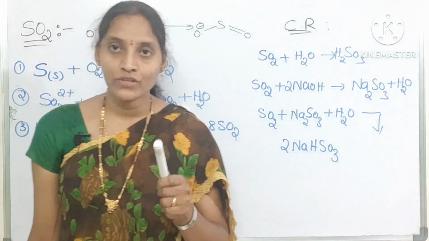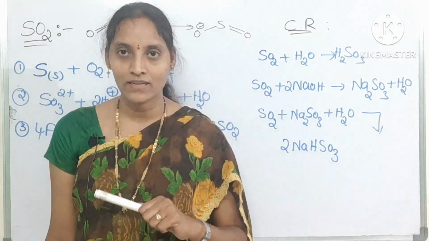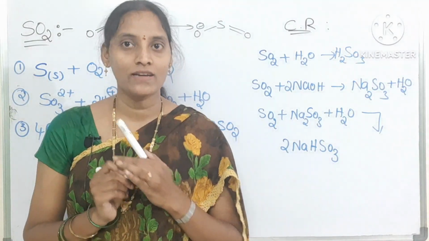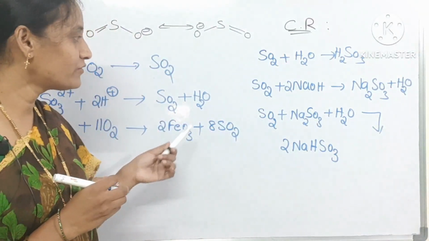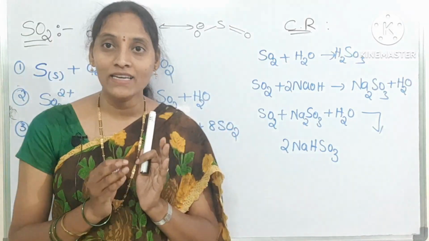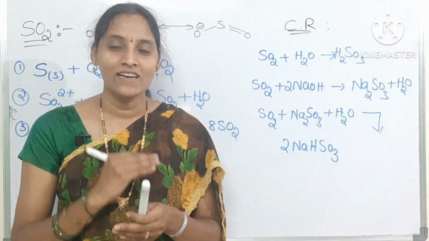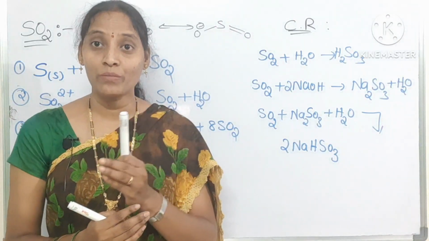While reacting with water and sodium hydroxide, that is water and alkali, its behavior looks just like carbon dioxide. Okay, and also sulfur dioxide reduces iron plus 3 ion, not oxidizes, reduces. Sulfur dioxide reduces the iron plus 3 form to the plus 2 form.